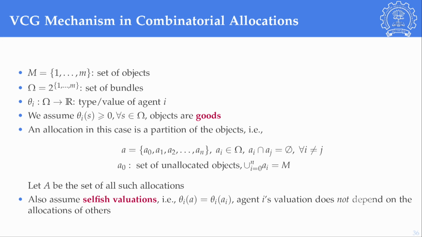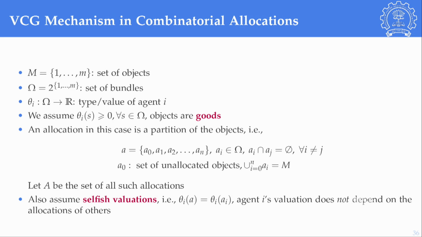I am not getting into that because it might take another long discussion. Finding that efficient allocation is not easy for combinatorial allocations. So, if that is computationally hard, then you cannot actually use VCG, because VCG requires you to calculate the allocative efficient allocation.